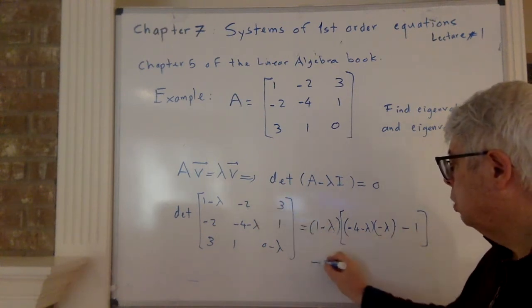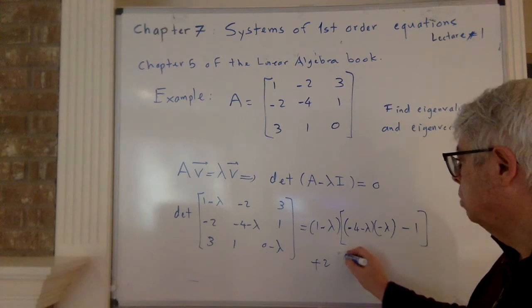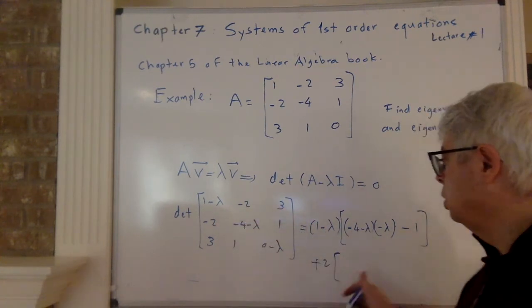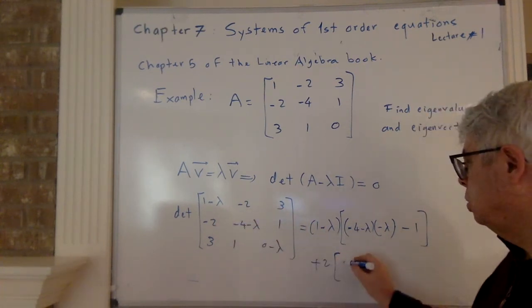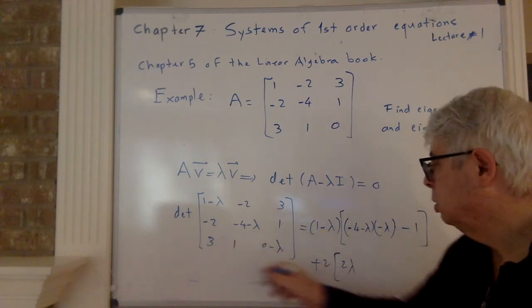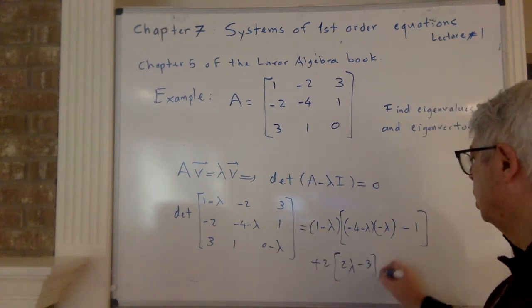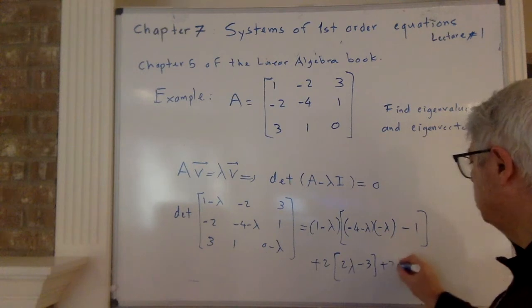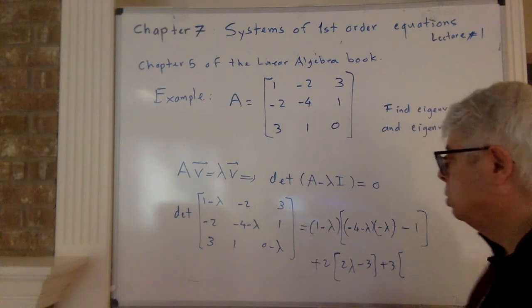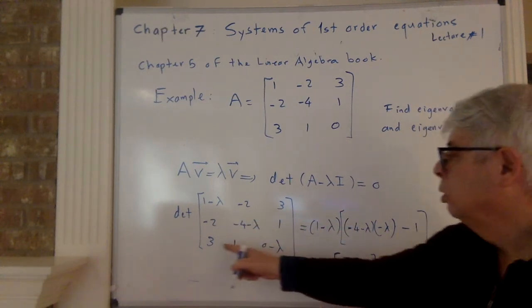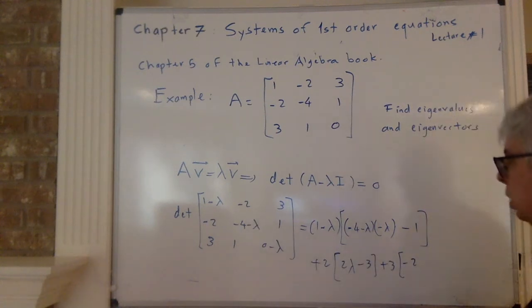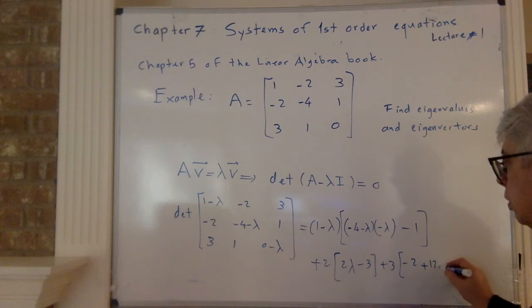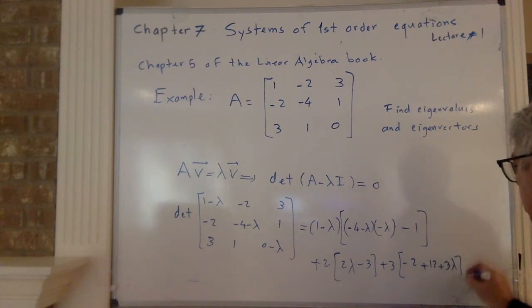The middle one is plus 2, in fact, plus 2 times this times this, which is minus 2 lambda minus 3. And plus 3 times this times this is minus 2, minus this times this will be minus, is plus, so I have plus 12 plus 3 lambda equals 0.